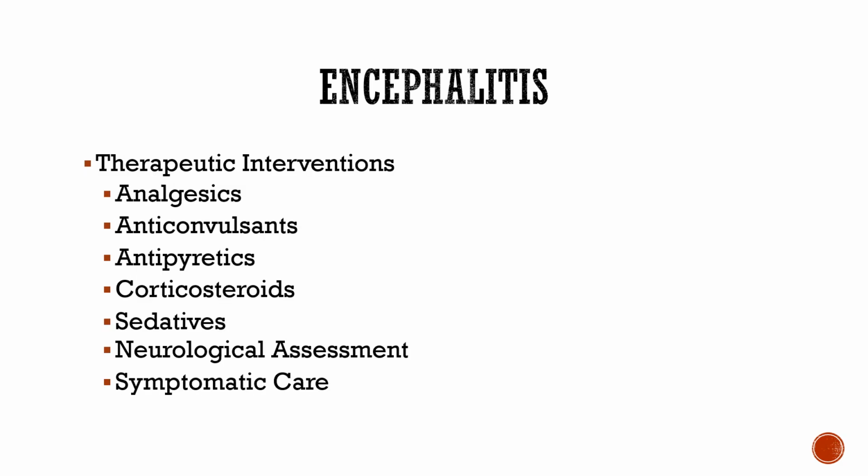So let's talk about some preventions and interventions. So how are we going to prevent? The biggest thing we can do is the prevention of bug bites, as that's one of the most common. So we want to pay attention to the incident rate of viruses in our community, such as is there a high rate of West Nile virus. We also want to avoid outdoors at peak mosquito biting times.